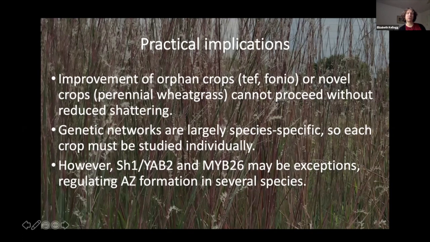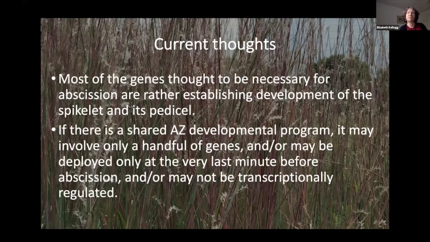And the other thing that we're pursuing is exactly how they work, because that at the cell level is not known. In general, we're thinking that most of the genes that are necessary for abscission are probably establishing development of the spikelet and the pedicel rather than controlling abscission per se.